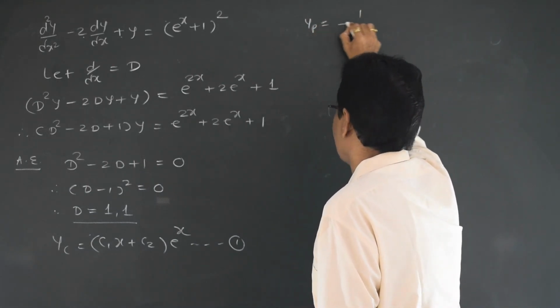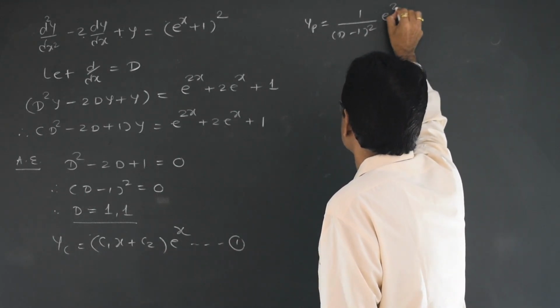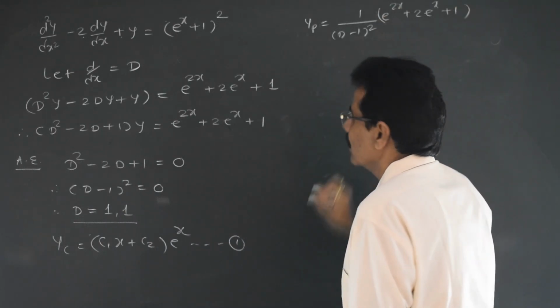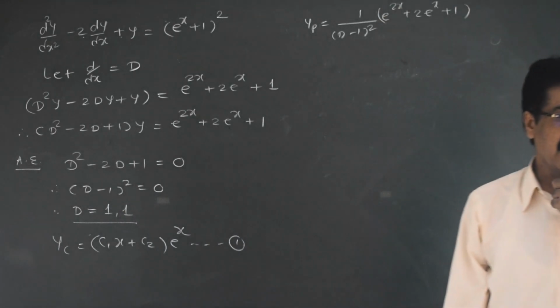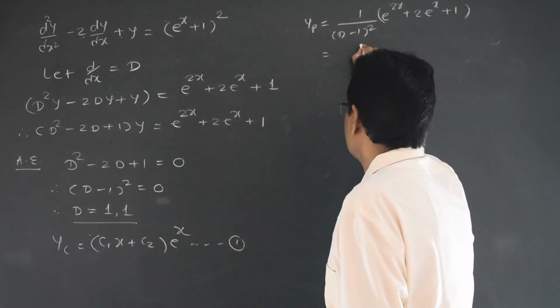So yp is given by 1 upon (D minus 1)² into (e^(2x) plus 2e^x plus 1). Now in the RHS there is an addition of 3 terms, and that's why the denominator must be split into 3 parts.